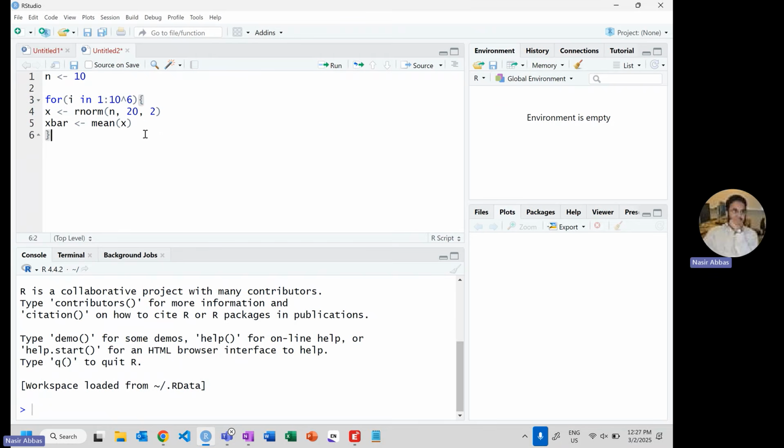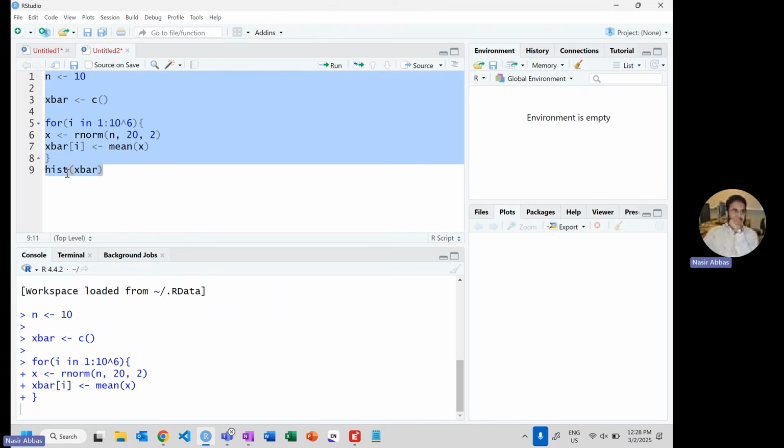Every time I will compute the value of X bar. And at the end, I will draw the histogram of this X bar to see how it is distributed. It will take time. The histogram will show here.